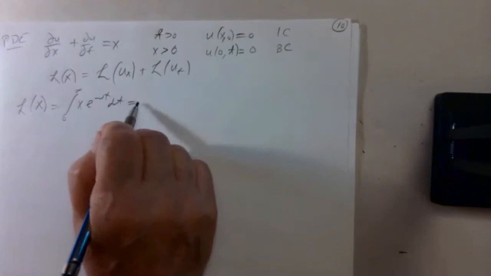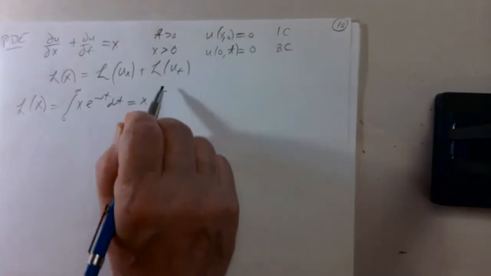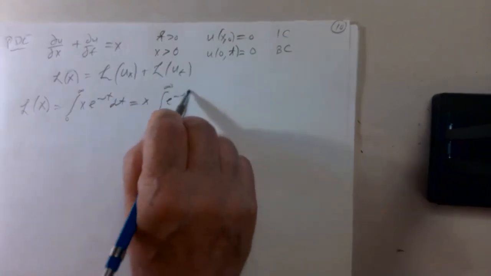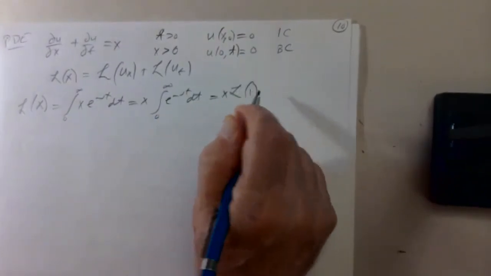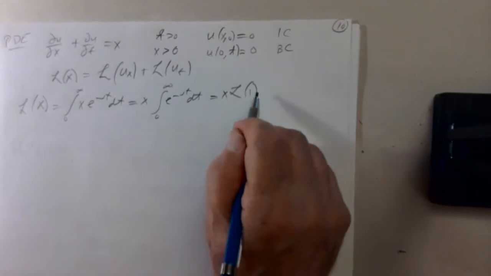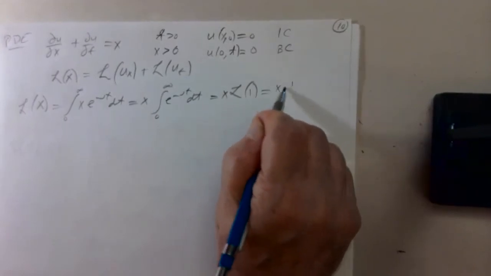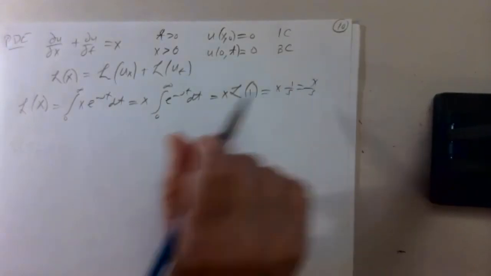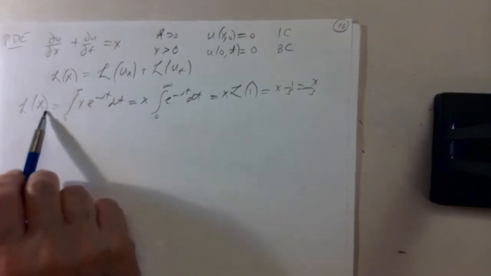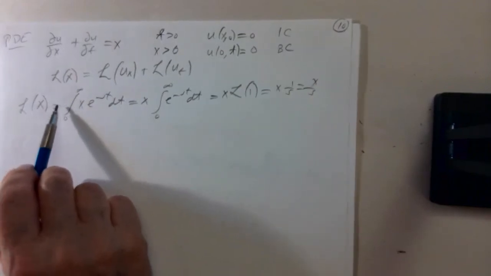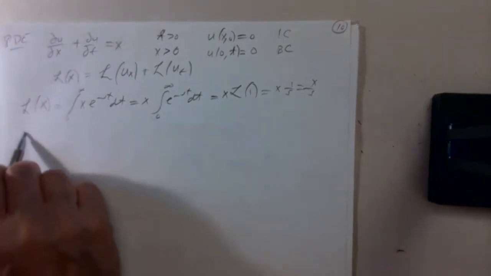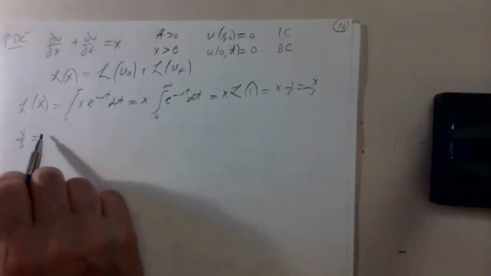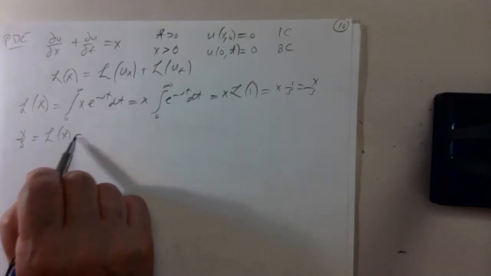We're integrating with respect to t. This is x times the integral from 0 to infinity of e to the minus st dt, which is just x times the Laplace transform of 1. And we know the Laplace transform of 1 is 1 over s. So x over s is the Laplace transform of x.